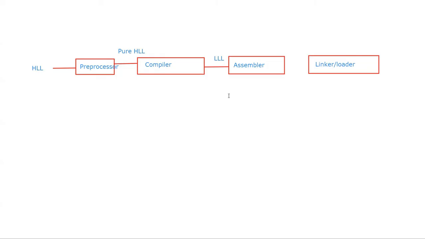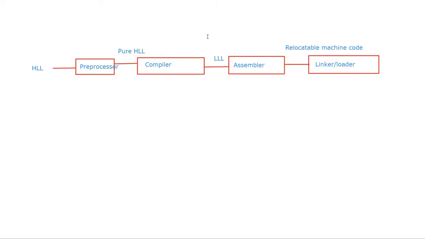And obviously this code will go as an input to the assembler, and the assembler will generate the machine code. This machine code will be relocatable machine code, which can be relocated anywhere in the RAM.